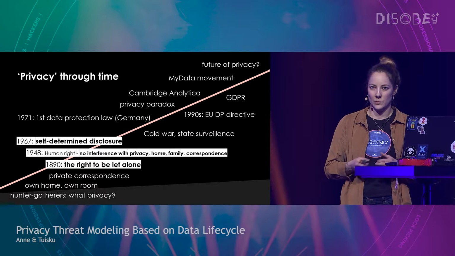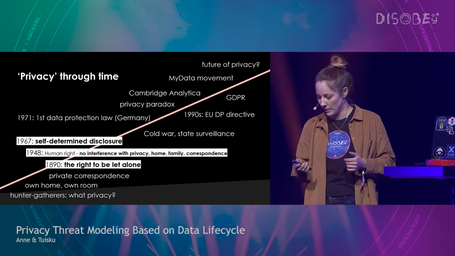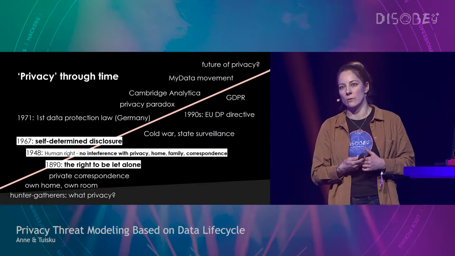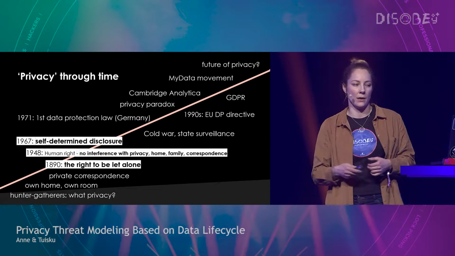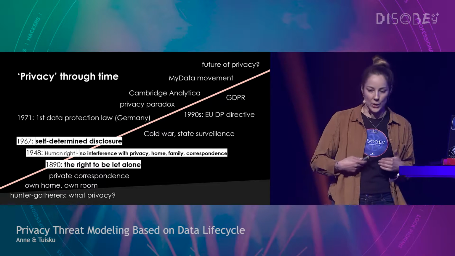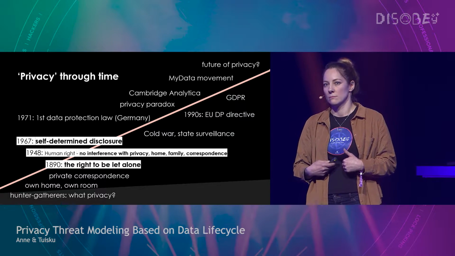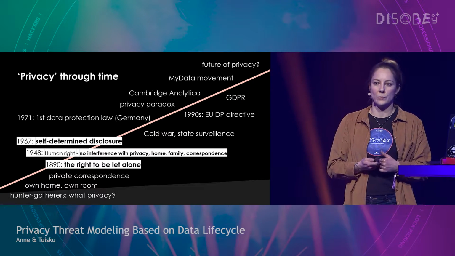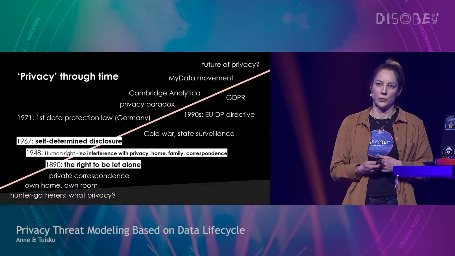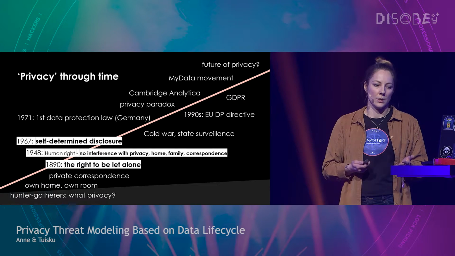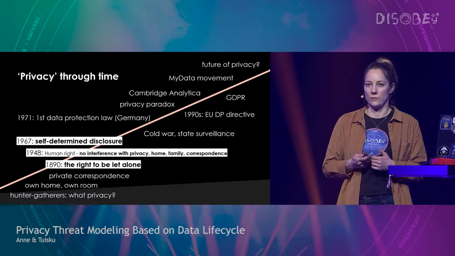And what's happening now, what's happening in the future? If we look at the MyData movement, for example, it's quite interesting because it goes back to the Alan Westin-style idea of freedom, where persons should themselves determine what privacy means, and they should be in control of what is released and to whom, and they should know what information goes out.